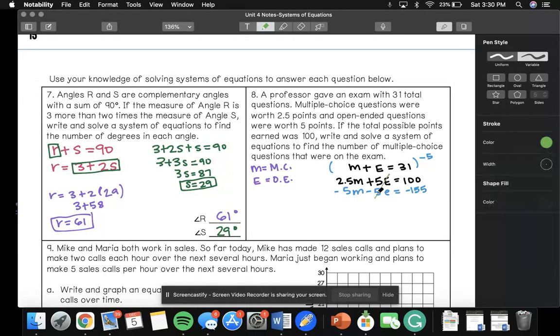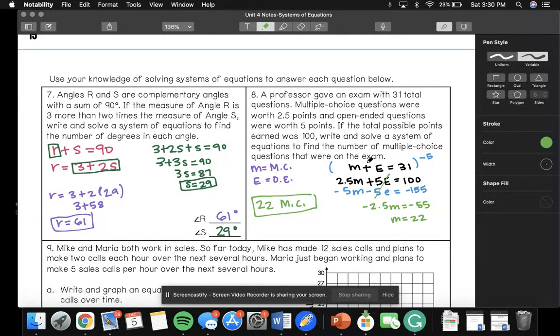Then these would eliminate, and this would become negative 2.5 multiple choice. It would equal negative 55. And then we would divide by negative 2.5, and we would get m equals 22. So there are 22 multiple choice.